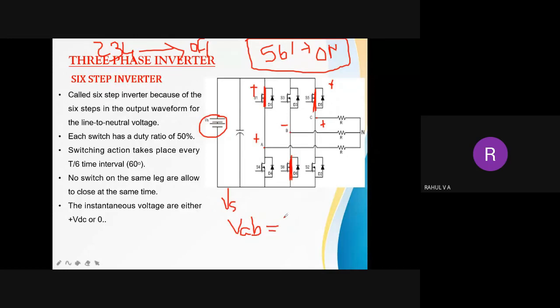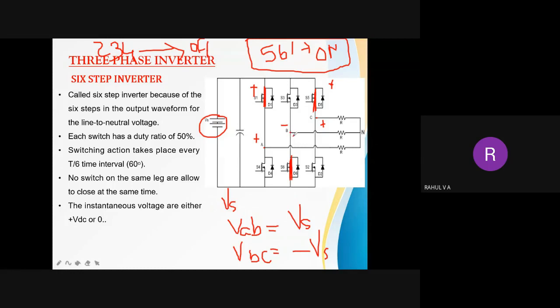So it is Vs. Now, if I ask about the voltage between B and C, I have to tell it as minus Vs, because VBC means voltage at B with respect to C. So voltage at B with respect to C means it is a negative polarity.